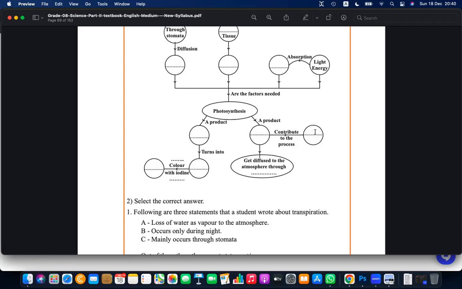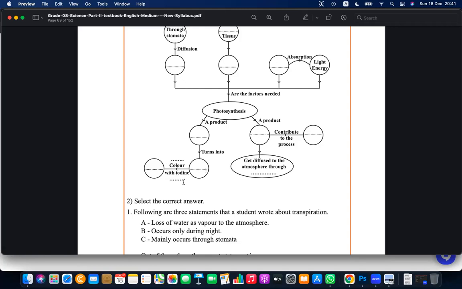Yes, respiration, right? Oxygen will contribute to respiration. And another product is glucose. Glucose will turn into starch, starting with the letter S, which can be identified with iodine.